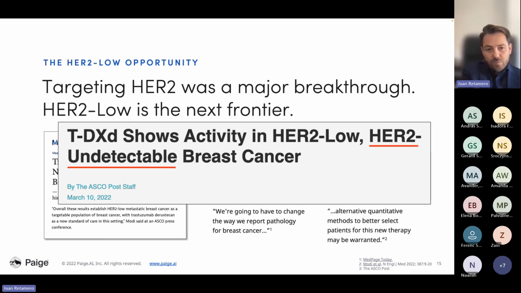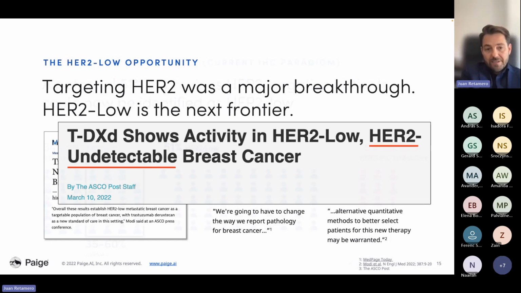Even more than that, there is a very small subgroup of patients that have undetectable HER2 levels that actually respond to these drugs, which seems not to be in concordance with the current paradigm.